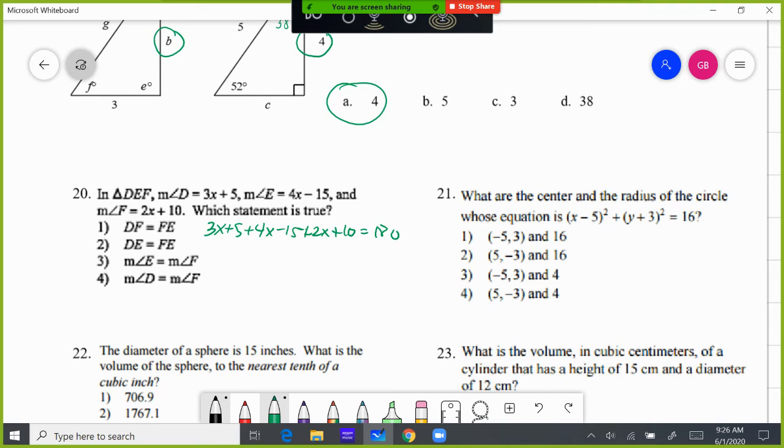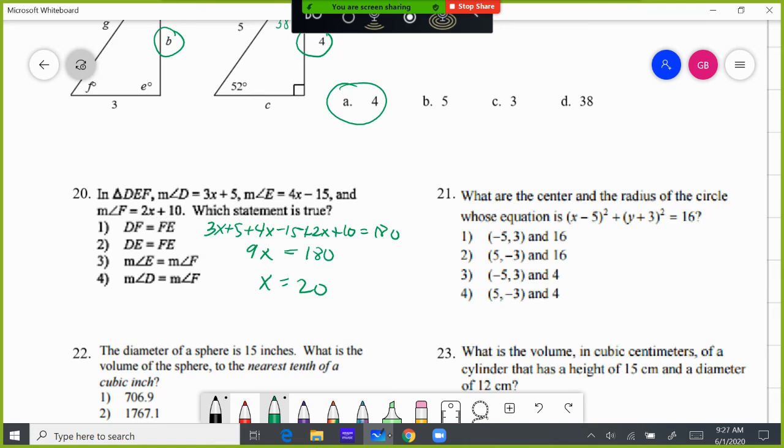Combine like terms. 3, 7, 9x. 5 minus 15 is negative 10, plus 10 is 0, so that goes away. So 9x is equal to 180, and x is equal to 20. Now that I know x is 20, I could plug that in to see what the values are.